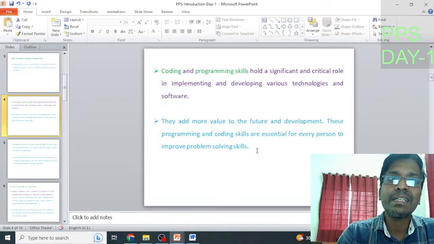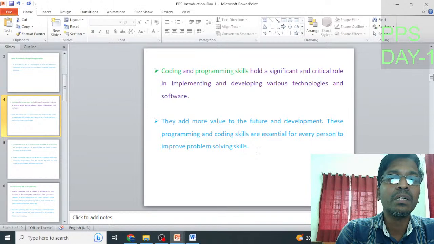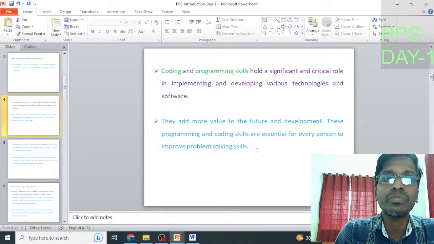As I said, coding and programming skills play a critical role in implementing and developing various technologies and software. Definitely, coding or programming skills are the main factor for implementing and developing any type of technology or software. These skills add more value to your future and development.